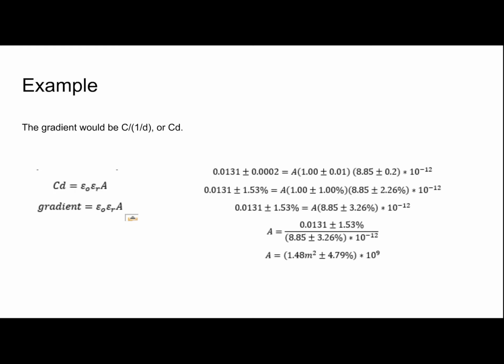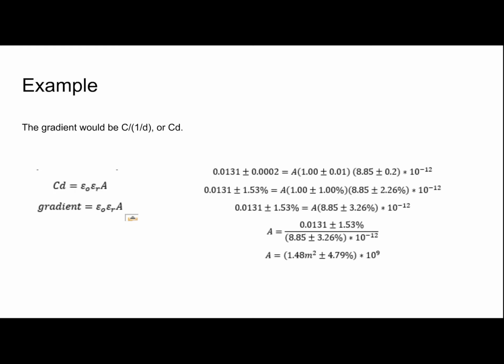So 1 multiplied by 8.85 times 10 to the power of negative 12 is just 8.85 times 10 to the power of negative 12, and we can add the percentage uncertainty. So 1 plus 2.26 is 3.26%. Now, in order to find the A value, we can just divide both sides by 8.85 plus or minus 3.26% times 10 to the power of negative 12.